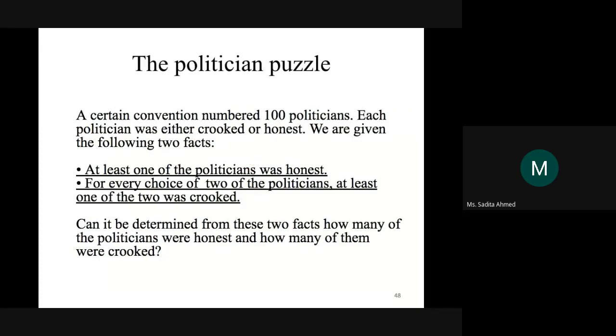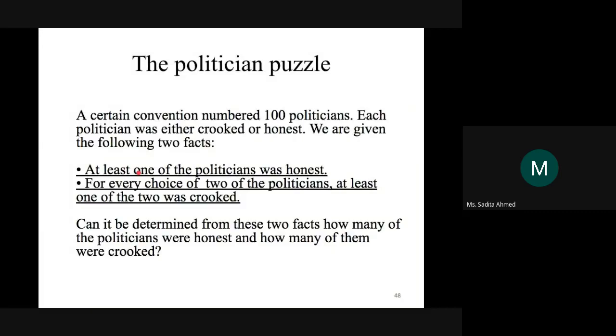And why is that? We've already stated the reason here. The first statement alone tells us that there can be more than one honest politician. Yes, you're right. However, combining the second statement, we know that at least one honest politician is there.